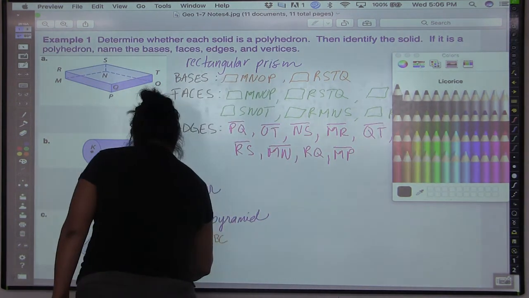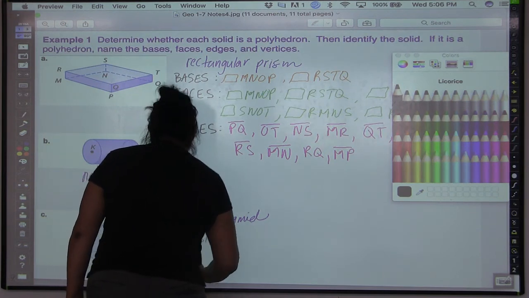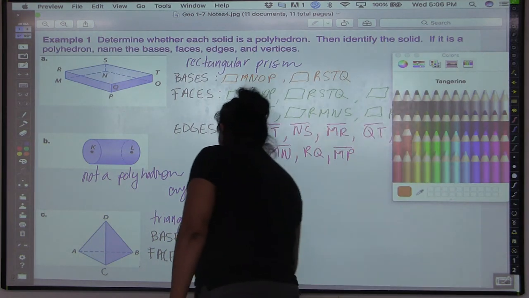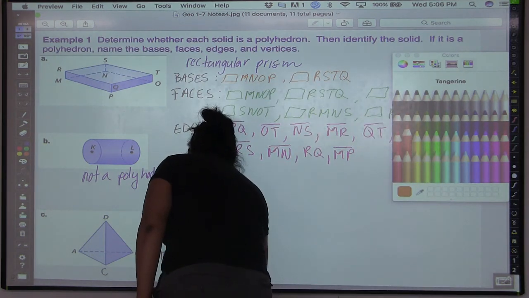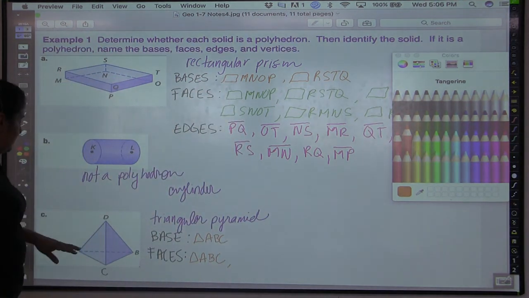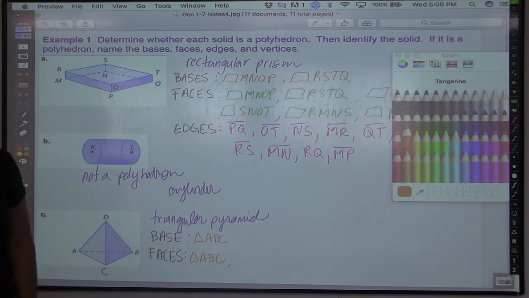And then we're going to go to faces. And for the faces, remember that the base is also considered a face. So we're going to rewrite triangle ABC. For this pyramid, there's actually 4 faces. There's the 3 faces that are going around and the one on the bottom. So we have triangle ABC.